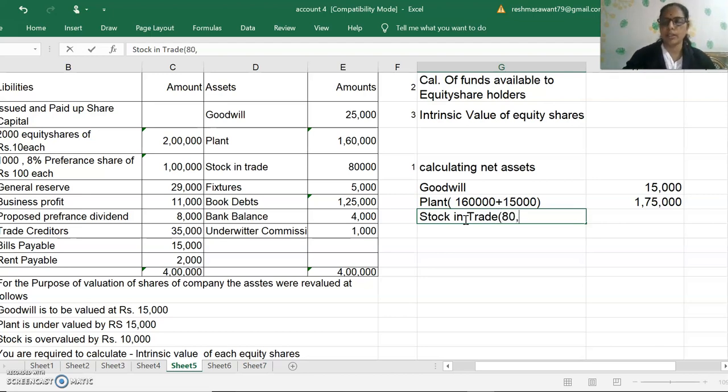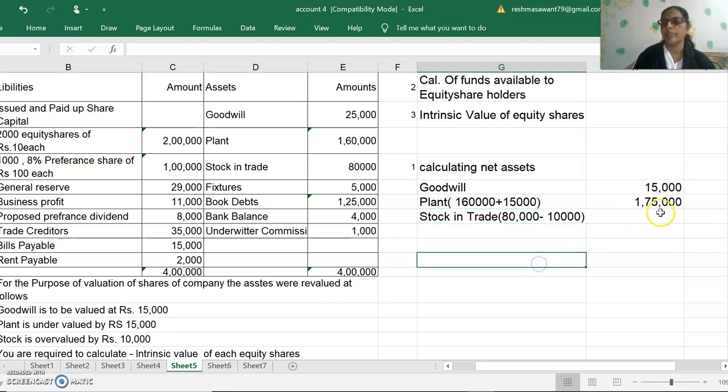Book value 80,000 minus 10,000. As per this adjustment, 10,000 must be reduced from your stock amount, and the amount recorded for the heading is 70,000. So valuation of stock as per your adjustment is rupees 70,000.